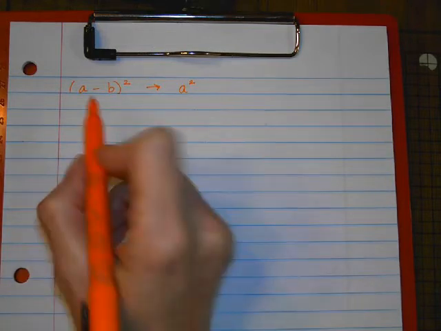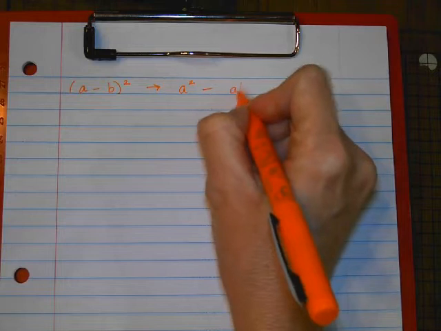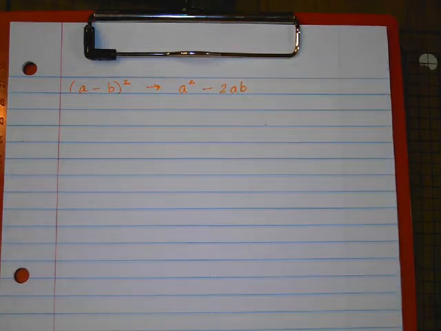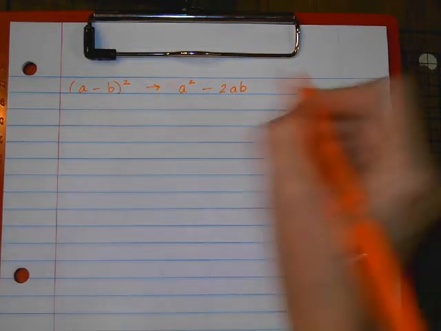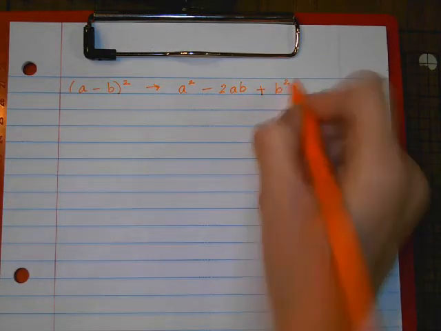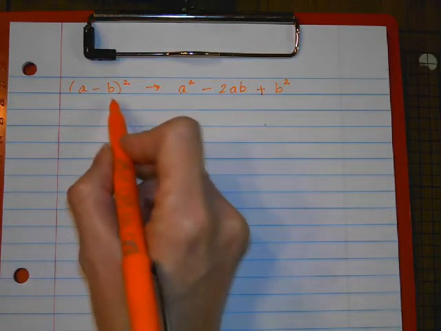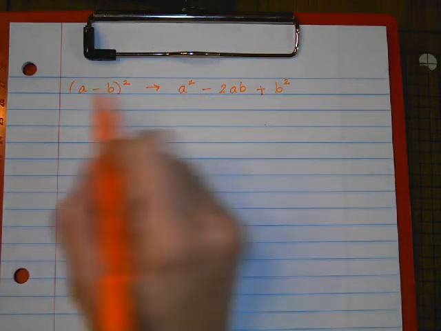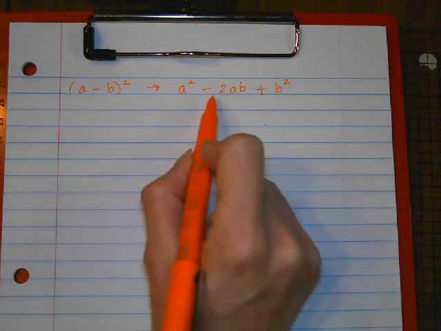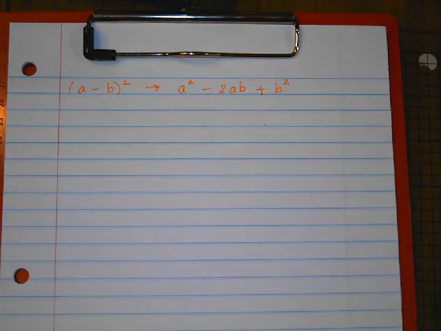We multiply a times negative b, so it makes a negative ab, and then times 2. And then we take our b value and we square it. A negative times a negative makes a positive. So in essence, we don't really need the sign of the b, we're just going to use the b value. Because when you multiply a positive times a negative, it will automatically create a negative for us. So we're going to go ahead and show you that with our example.